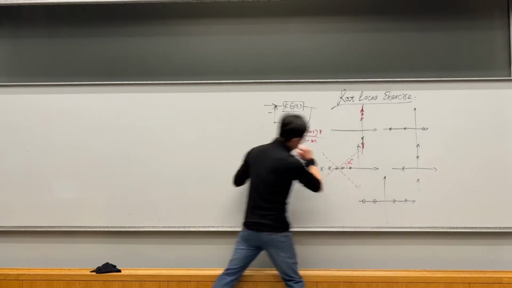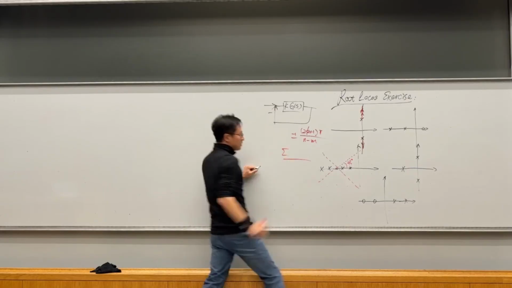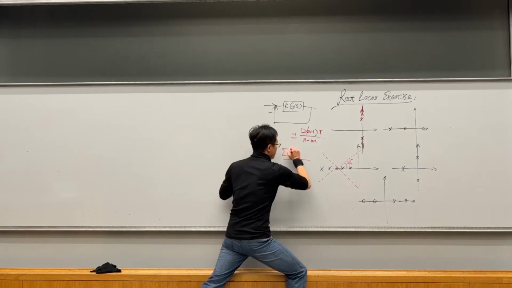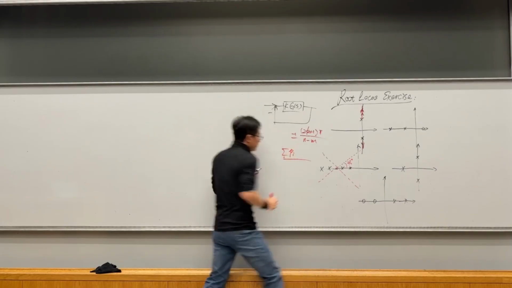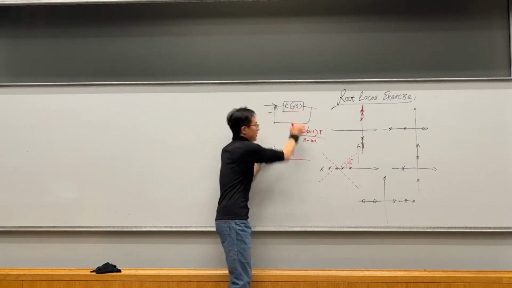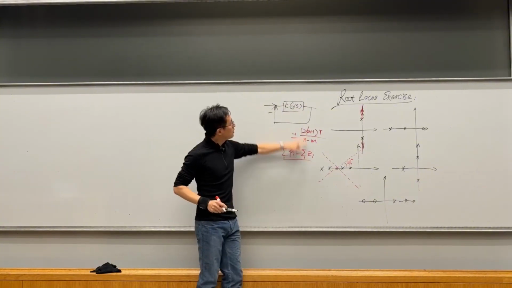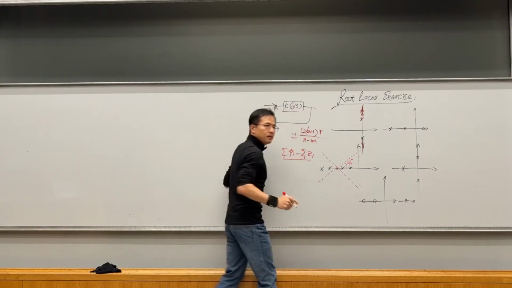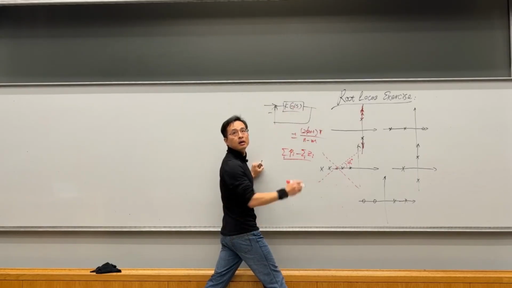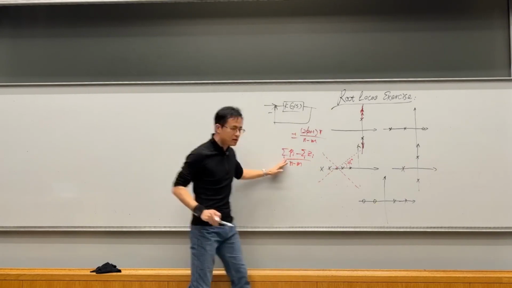So the centroid is calculated as the summation of the open loop poles of G of S minus the summation of the open loop zeros, these are all the zeros of G, divided by, again, anyone? N minus M. All right? So that's how the centroid is going to be calculated.